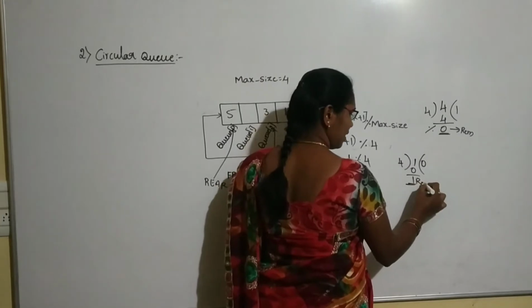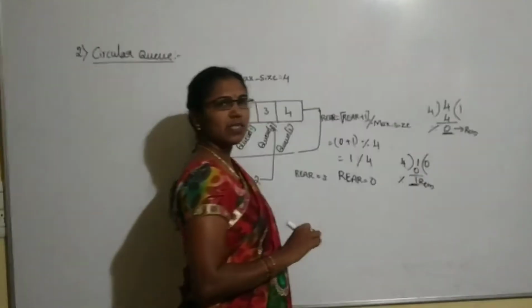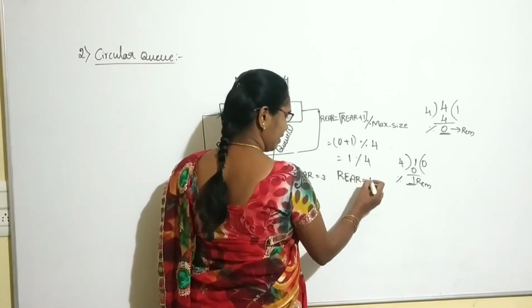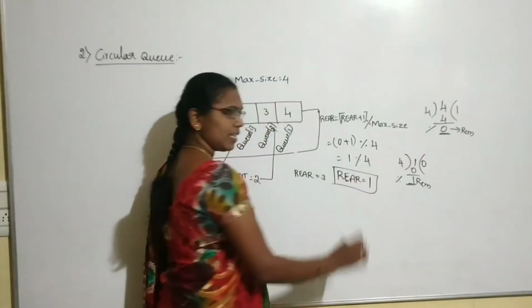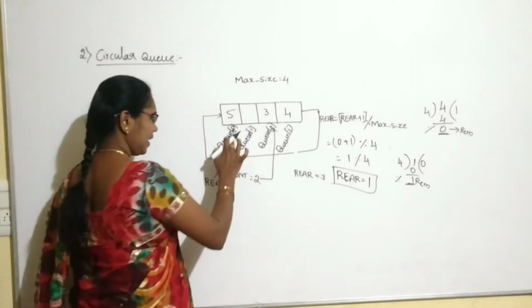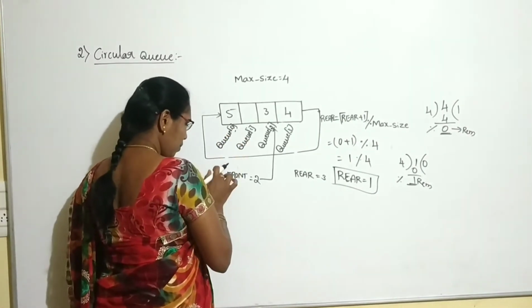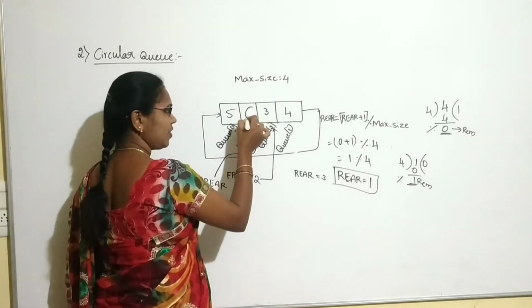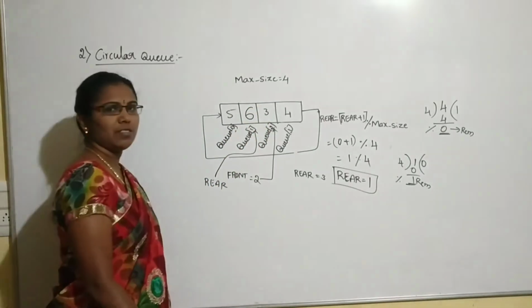So this remainder we take as the modulus answer. So 1 modulus 4 is 1. See now, we get the rear value 1. The rear points to position 1. For this position, we want to insert the new element.